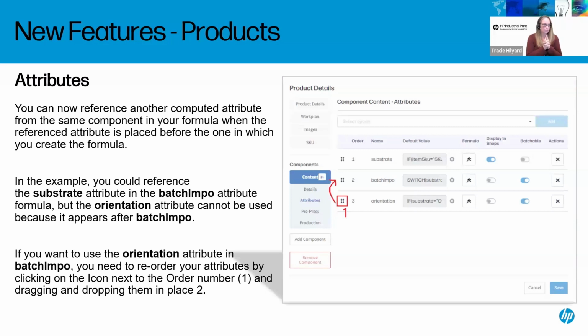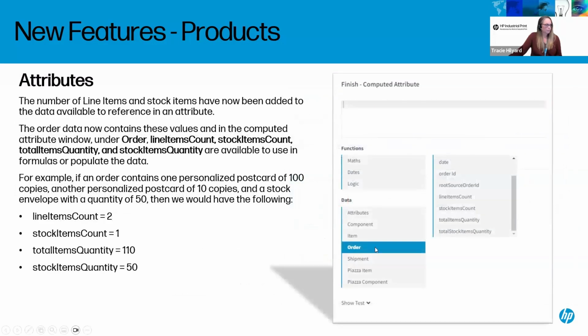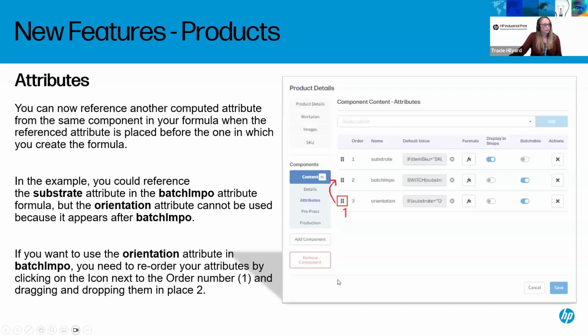section. So in the past, you could not reference an attribute value that has been calculated. So that means that number 2 here, the batch in position has been calculated and has a value.